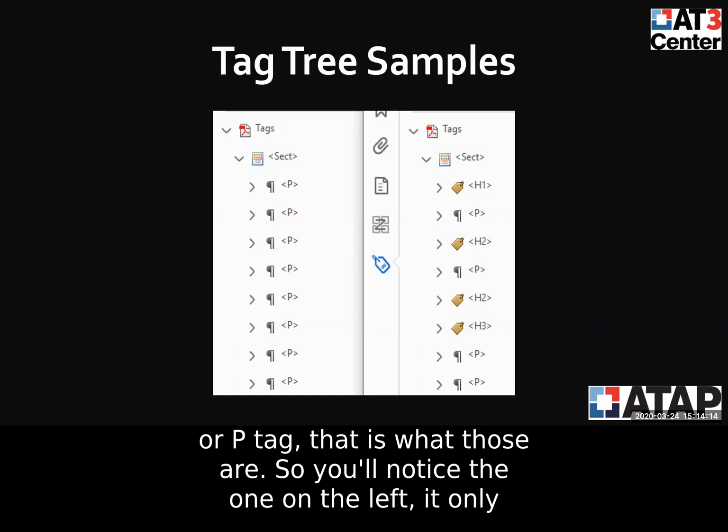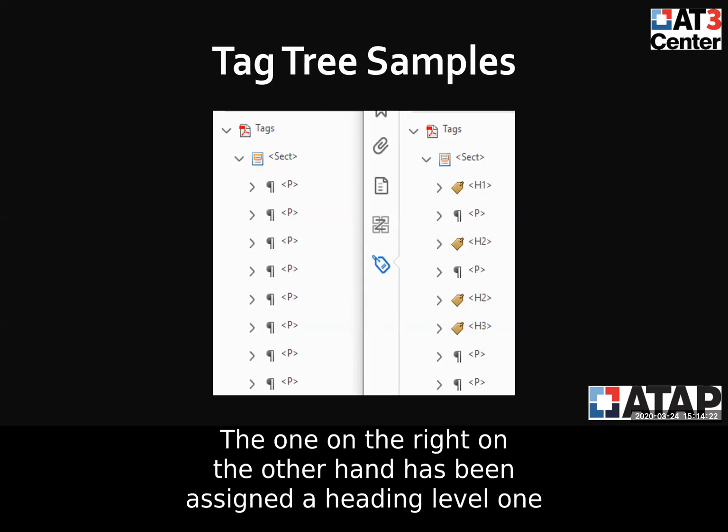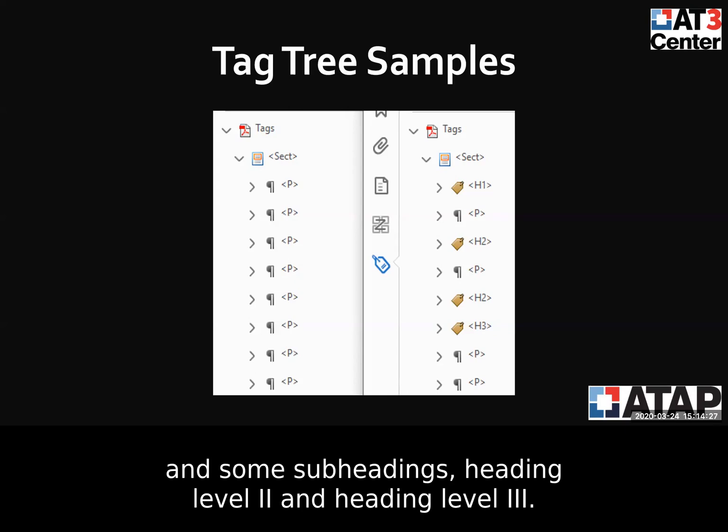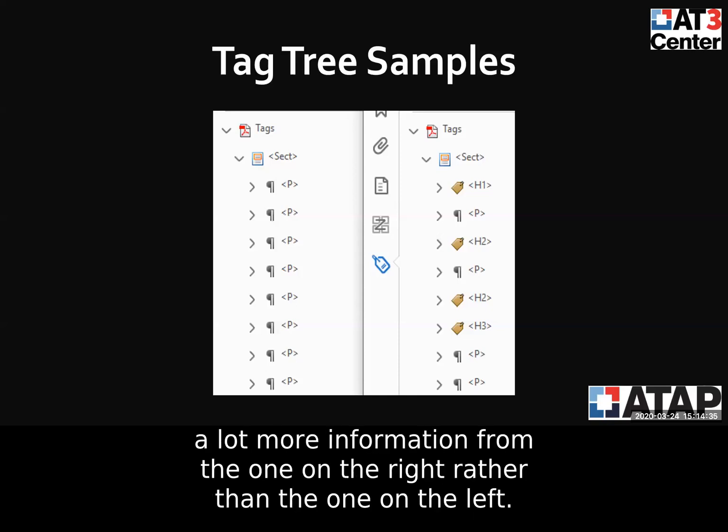So you'll notice the one on the left only has P tags. So everything down the tag tree is actually just P tags. The one on the right, on the other hand, has been assigned a heading level 1 and some subheadings of heading level 2 and heading level 3. So visually, you can just see that they're broken up very differently. And you're getting a lot more information from the one on the right rather than the one on the left.